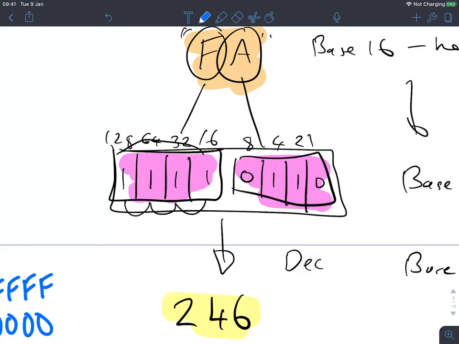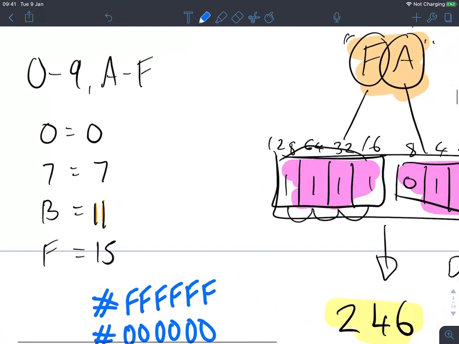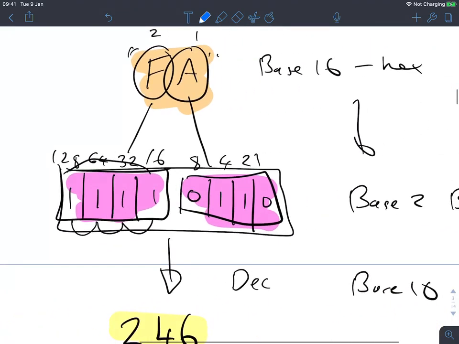So F obviously is 15, which we can look up from hex. And an A, as we know, is going to be 10. So if we look at 10 and make sure that we have done this correctly, let's just check A. So we know A is 10, so it's going to be a 1 and a 1, like this.